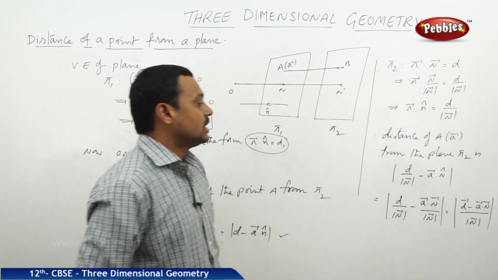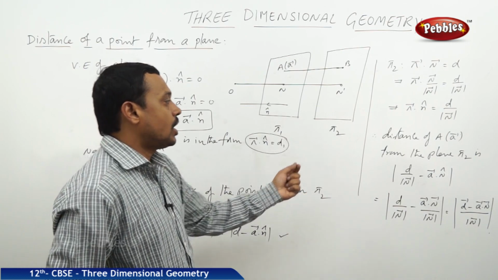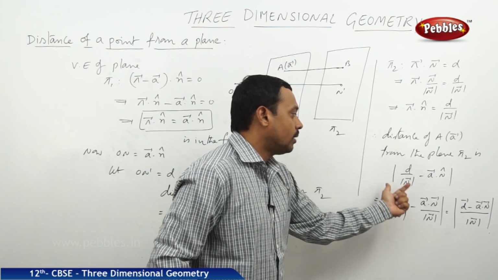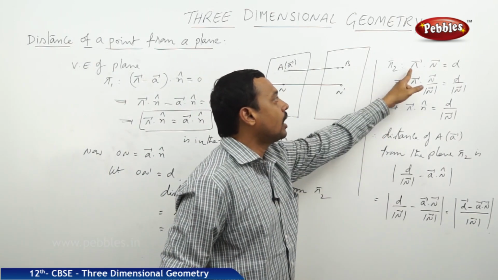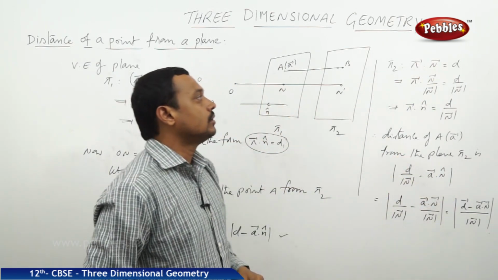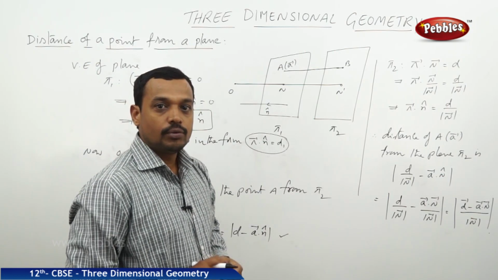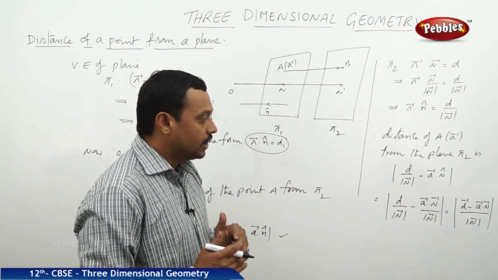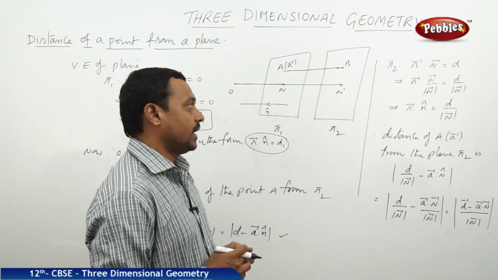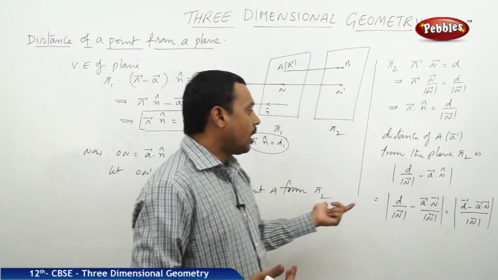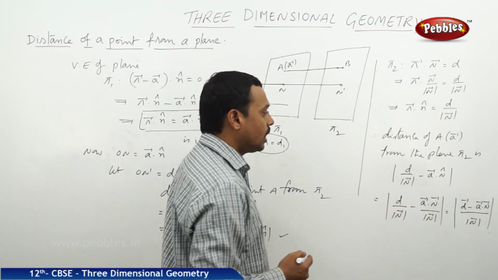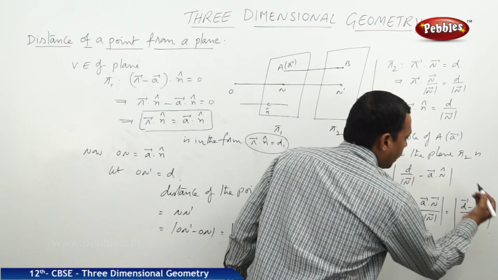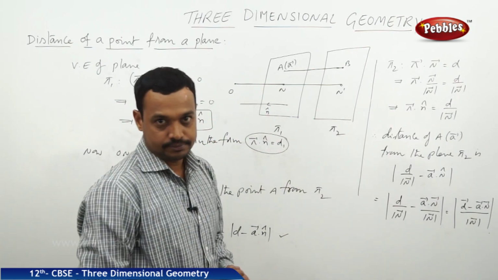Now that is the perpendicular distance of a point A from a plane pi 2, which is in the form of r dot n is equal to d. Now from this we can find the perpendicular distance from origin to that plane. So in fact the distance from origin to that plane means what? Here clearly the point A bar becomes 0 bar.